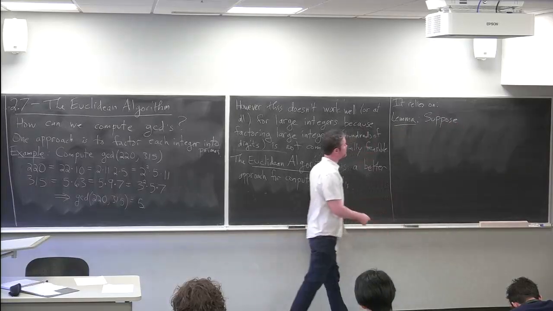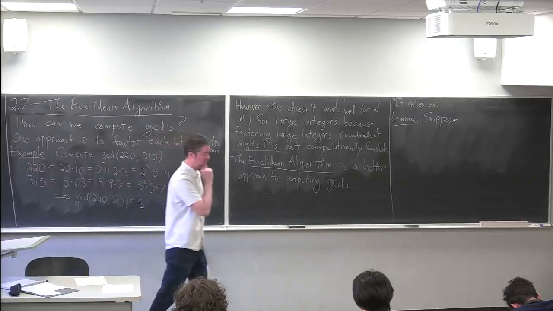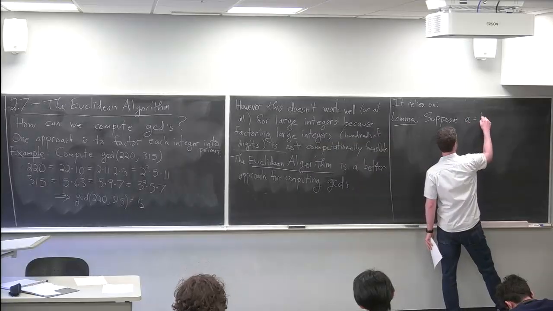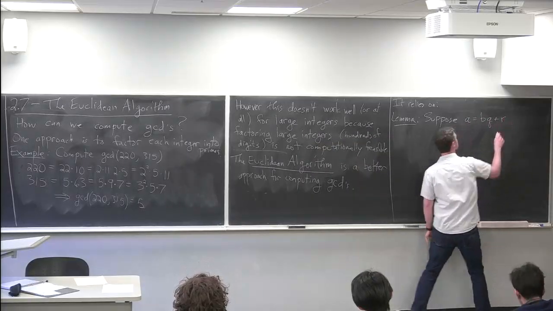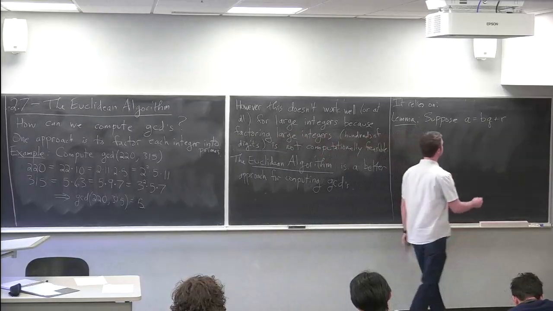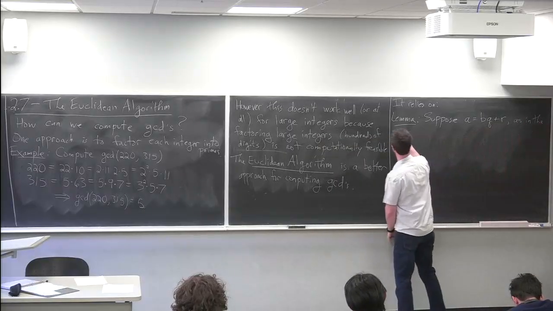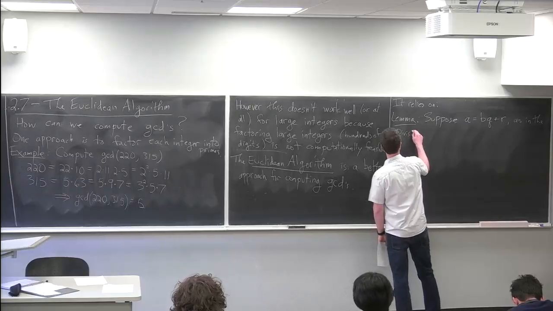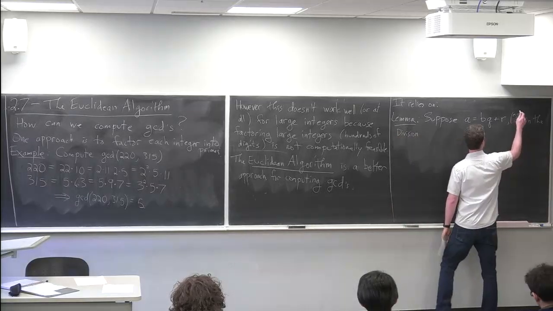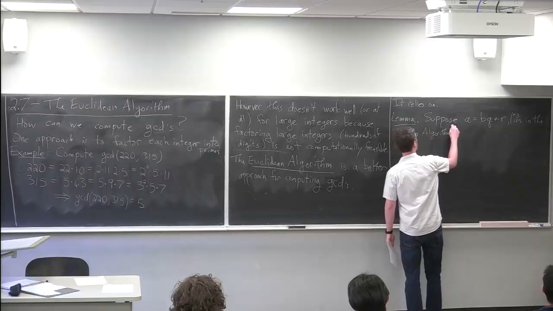We're going to have an equation here relating our two integers, which is exactly the kind of thing that comes up in the division algorithm. So suppose you have A written as BQ plus R, as we see in the division algorithm.